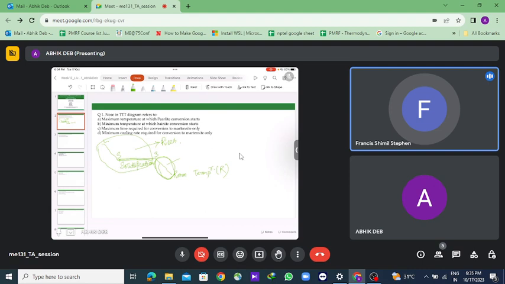There was another GATE question: which one has the largest shrinkage allowance while making a pattern for casting, with options aluminium, brass, cast iron, and plain carbon steel.